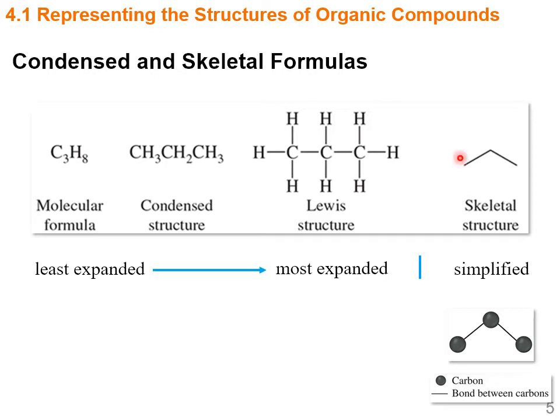Each line represents a bond, and at each end of each line, there is a carbon atom. So in this given skeletal structure for propane, there are 1, 2, 3 carbon atoms. The carbon atoms are not shown actually, but in this picture, they are represented so that you can see where they are. They're at the ends of each line and each vertex.